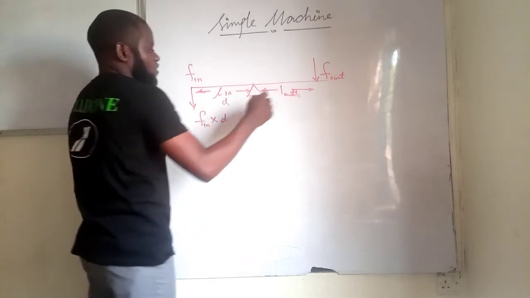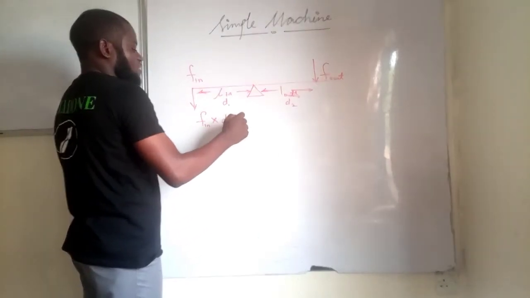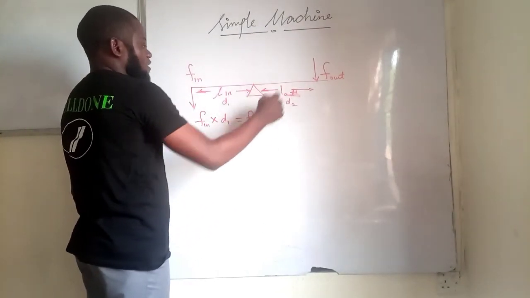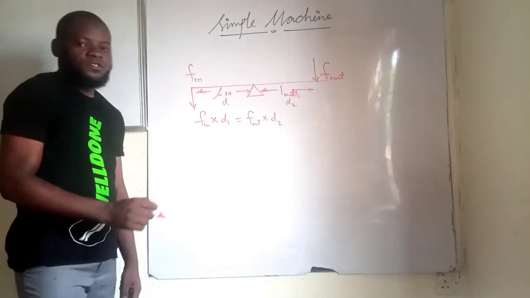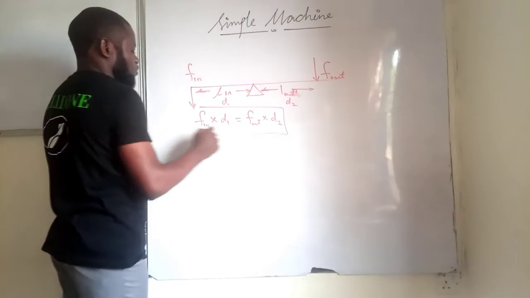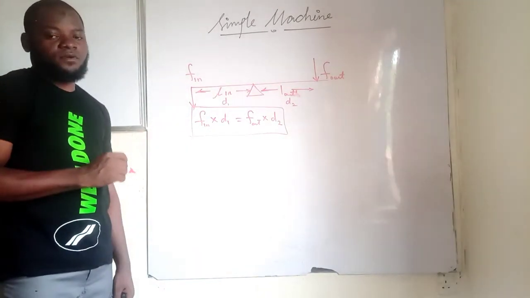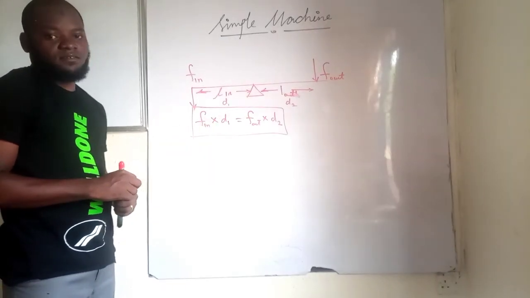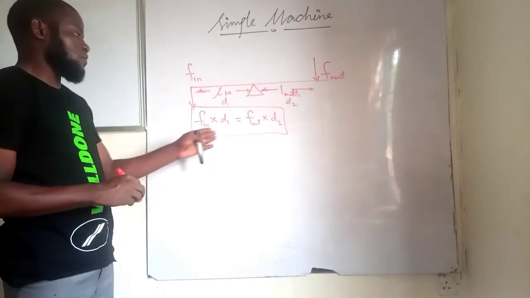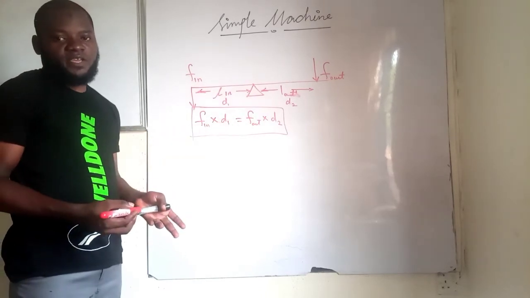Let me call this one D1 and this one D2. So the first input times D1 must equal the first output times D2. So you can then make whatever you want the subject of the formula.